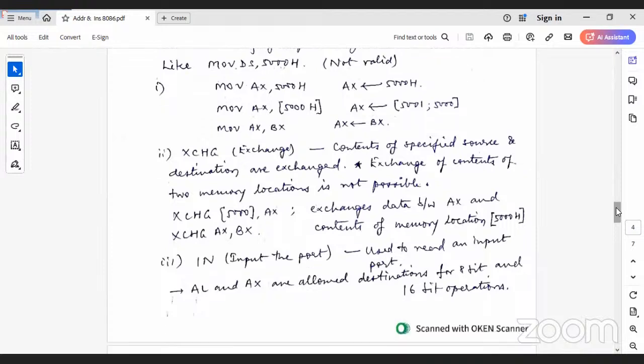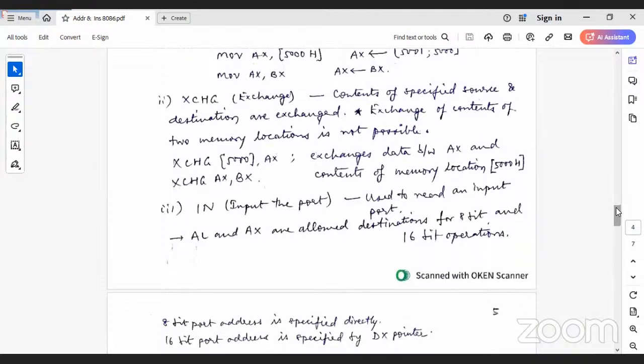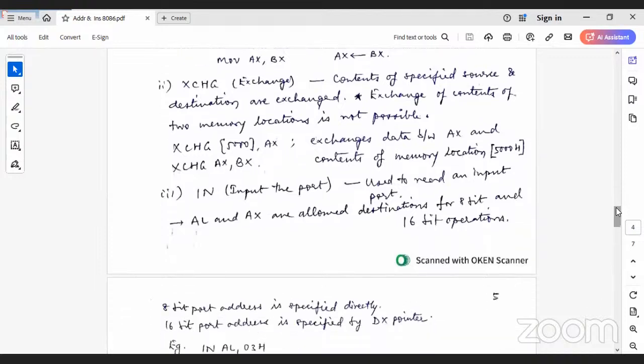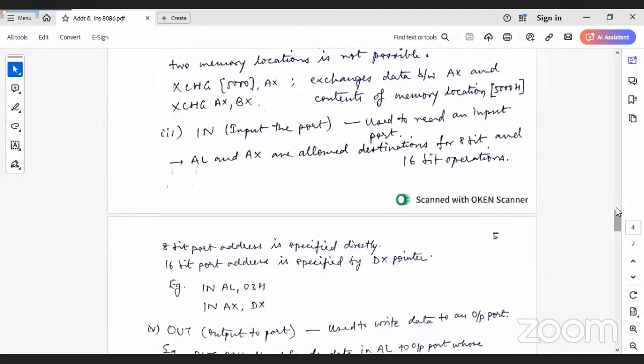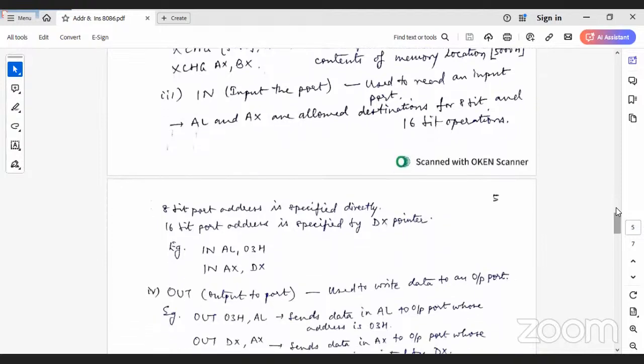Then data transfer type of instructions are also connected with the input port and the output port. The IN instruction and OUT instruction are the only two instructions used when you are talking about input and output ports. But here the syntax is a little different compared to your 8085 processor.